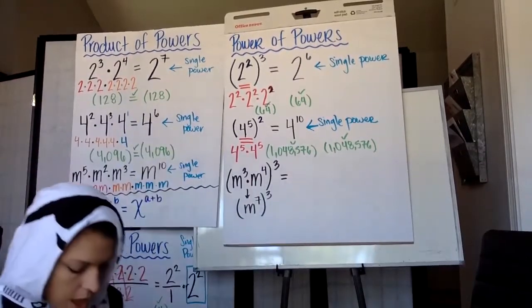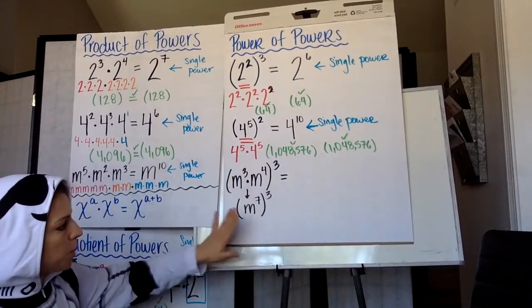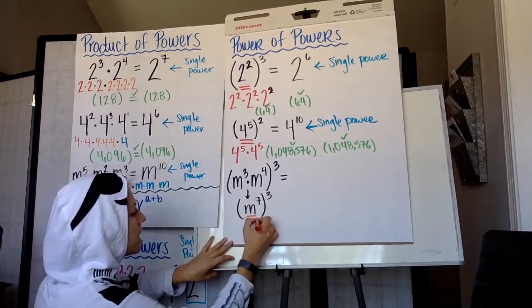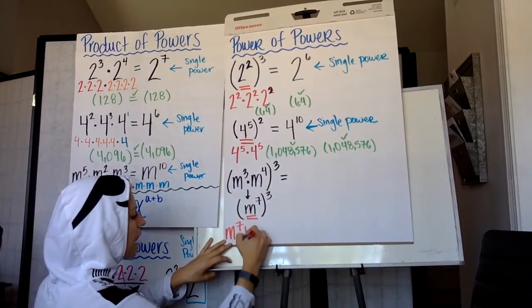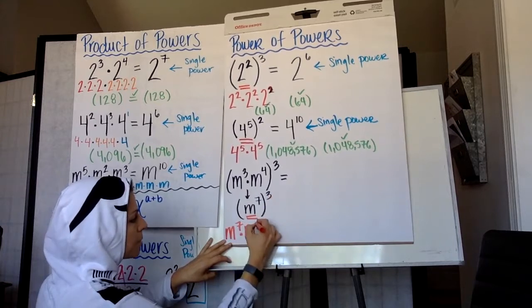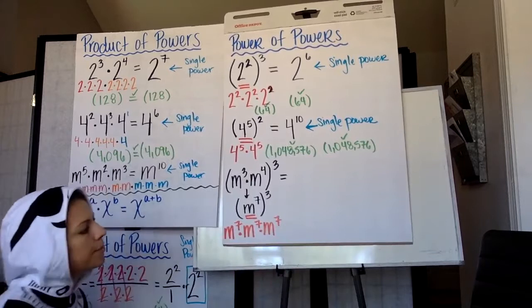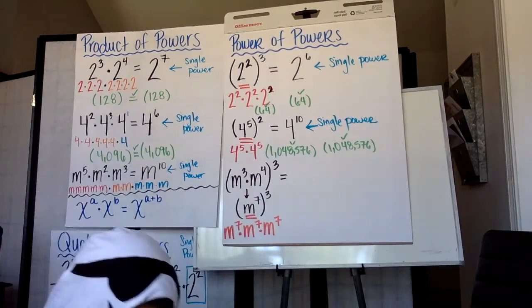All right, so now that I've written this as a single power, let's raise m to the 7th to the 3rd power, meaning this is my base. I'm going to multiply m to the 7th 3 times. How do I know 3 times? Because that's my exponent: m to the 7th times m to the 7th times m to the 7th. That's a lot of m's.